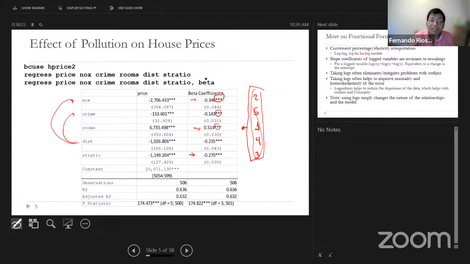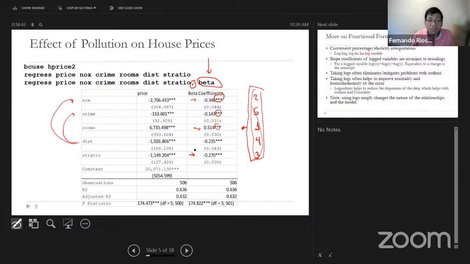Now, even though I showed you a way to do this manually, by standardizing all the variables first before making the regression, you can also get the same results by just including the option beta. I call it an option because it comes right after a comma.